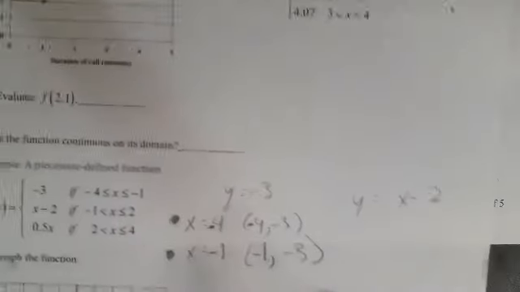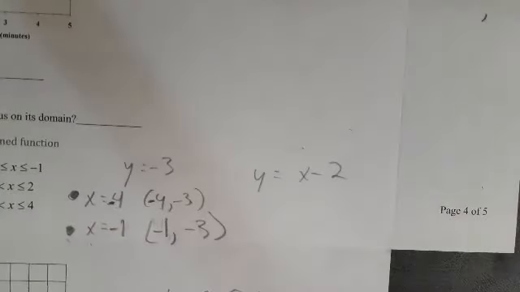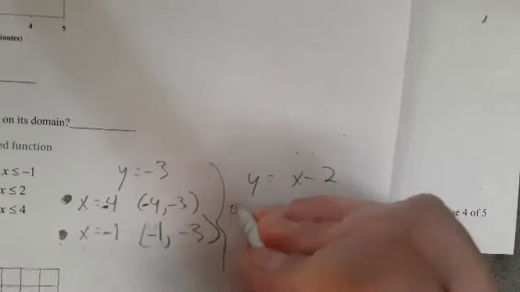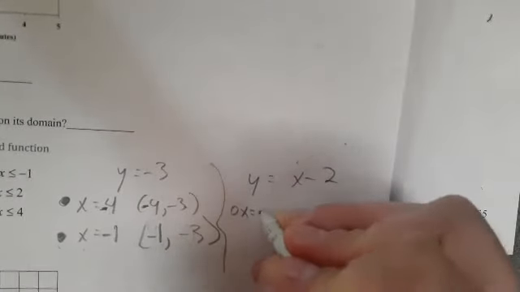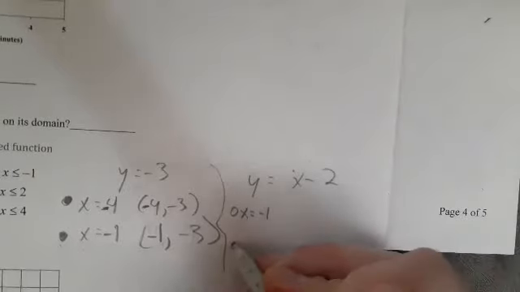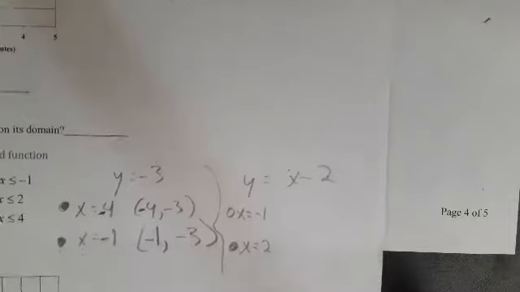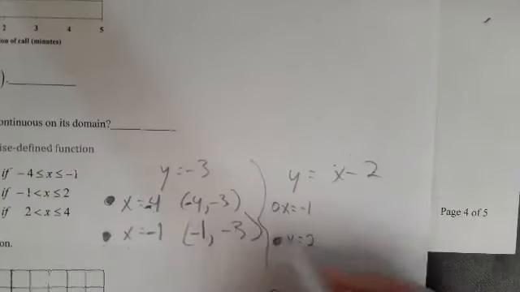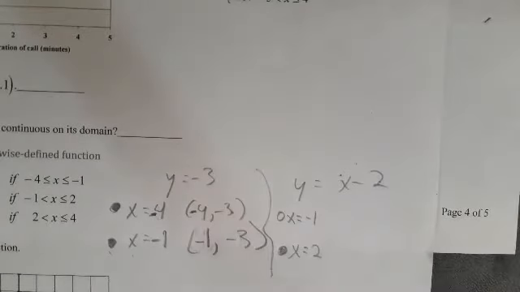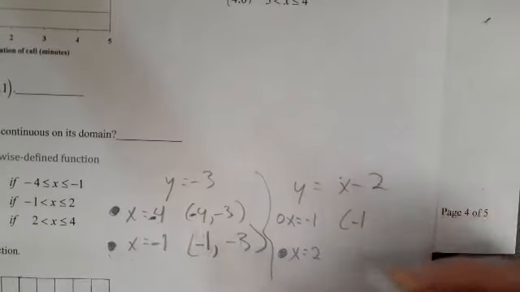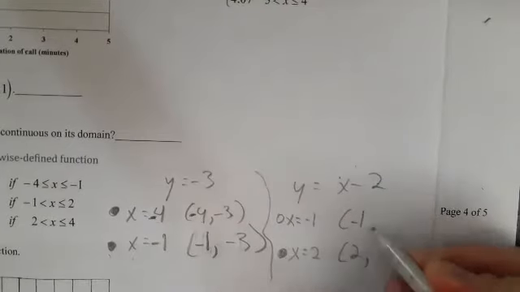The next thing is x minus 2. So I want to graph y equals x minus 2. The first thing is a solid point at x equals -1.